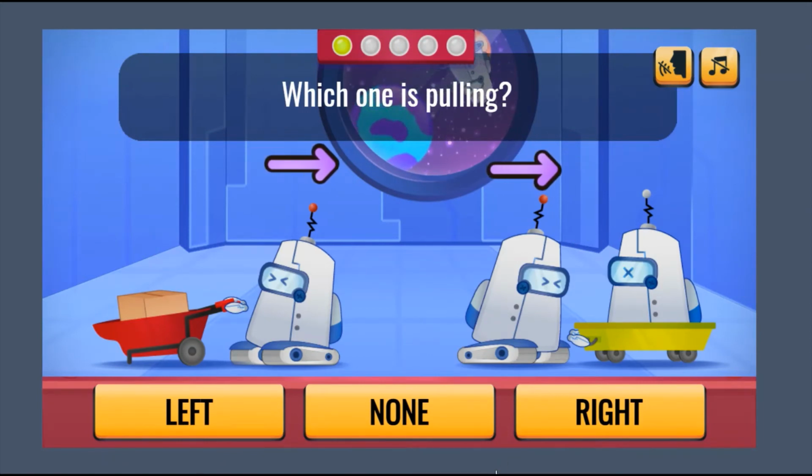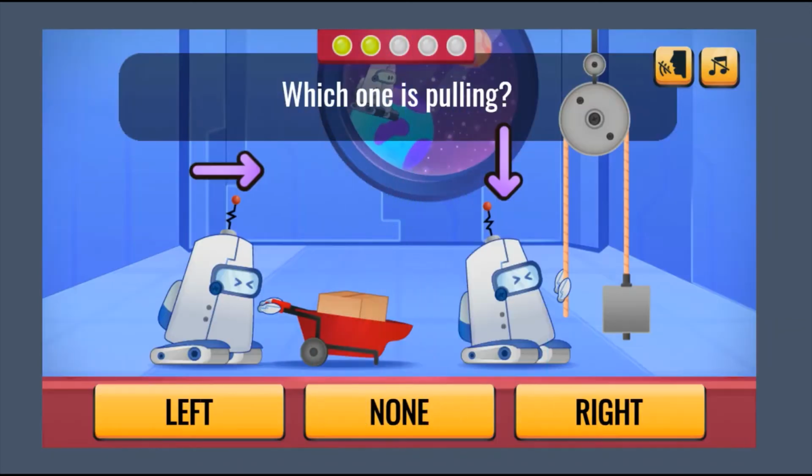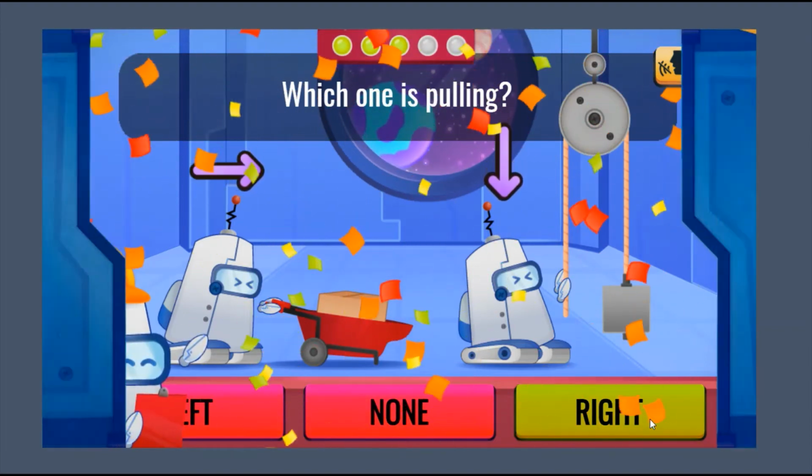Which one is pulling? Very good, the one on the left. What about this? Which one is pulling? The correct answer is the one on the right. Good job.